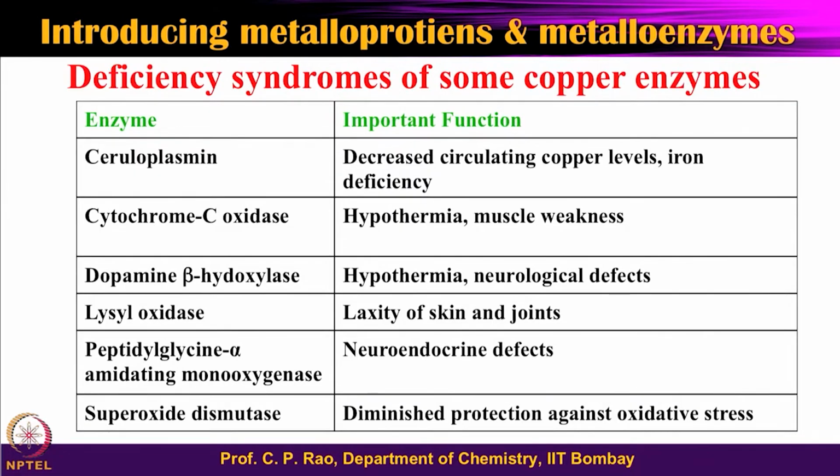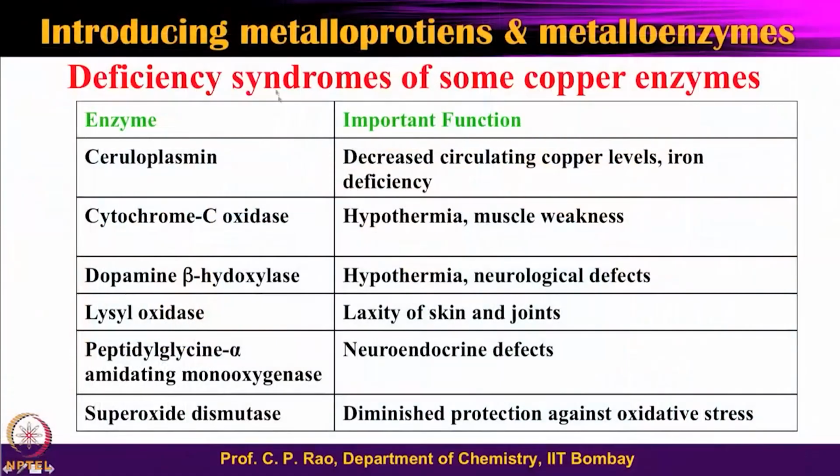Now, in the beginning stages I explained metal ion need and deficiency and excess kind of syndromes. If you look at the deficiency of copper, it can lead to decreased circulating copper levels, which will make the iron deficiency also, and that leads to effects on ceruloplasmin.